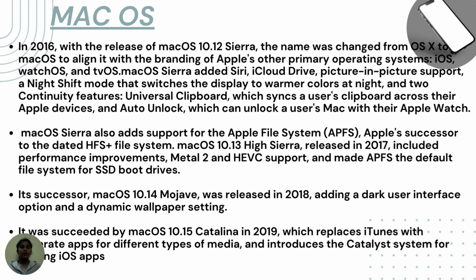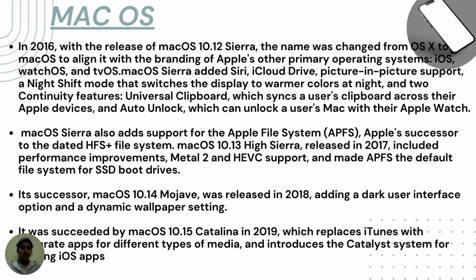Mac OS 10.13 High Sierra, released in 2017, included performance improvements, Metal 2 and HEVC support, and made APFS the default file system for SSD boot drives. Its successor, Mac OS 10.14 Mojave, was released in 2018, adding a dark user interface option and a dynamic wallpaper setting.